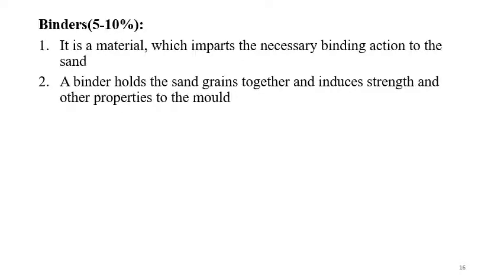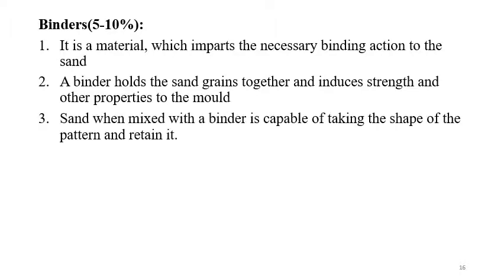The second one is that the binder holds the sand grains together. The second very important function is that the binder holds the sand grains together and induces strength and other properties to the mold. The main concept of mixing binders is to increase the strength, and other properties are also enhanced or improved. Third, a sand when mixed with a binder is capable of taking the shape of the pattern and retaining it.